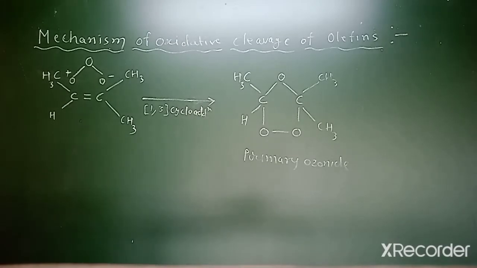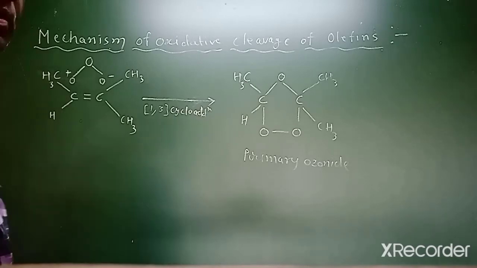Students, I already told you this primary ozonide is unstable, which undergoes breaking of bonds to form a carbonyl compound and a carbonyl oxide. This step is now the reverse of the 1,3 cycloaddition type of reaction.